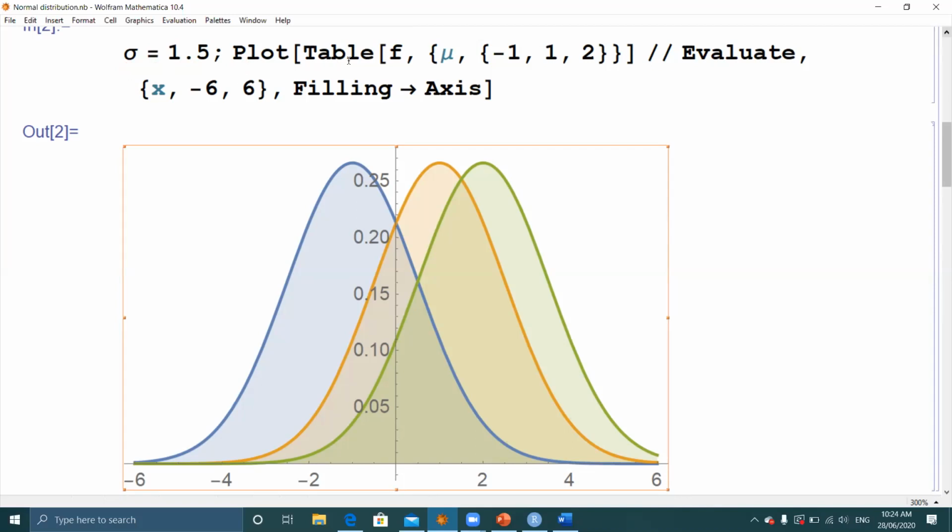Mu is taken as -1, +1, and 2. First one is -1. Second one is +1. Draw a line, this is +1. And third one is 2, and 2 is now here.